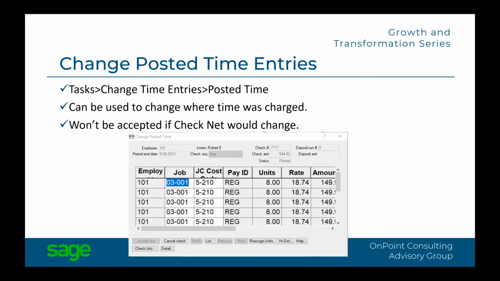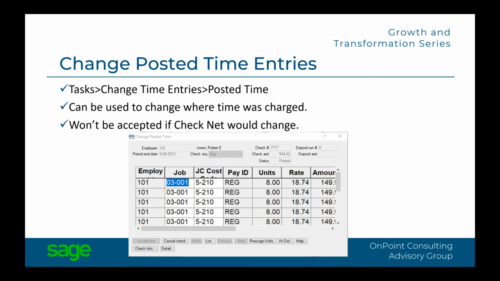But if you are able to, you might try using this change posted time entries, and it can be used to change where the time was charged, but you cannot use it if the check net would change. So if the job that you're trying to put it to would have some extra add-ons that they're supposed to get paid for, anything that changes the net amount.